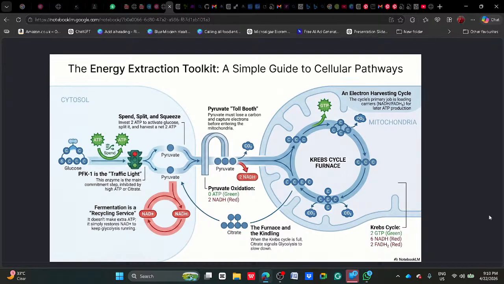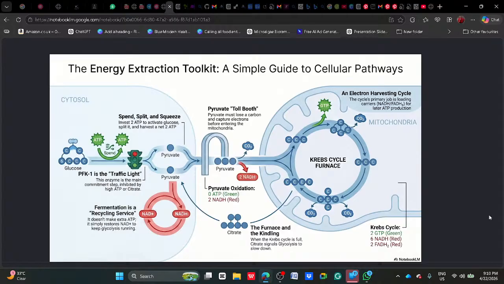The same thing applies within the cell. The mitochondria is called the powerhouse of the cell. Why is it called the powerhouse of the cell? Because that is where ATP, the cellular currency, is produced.